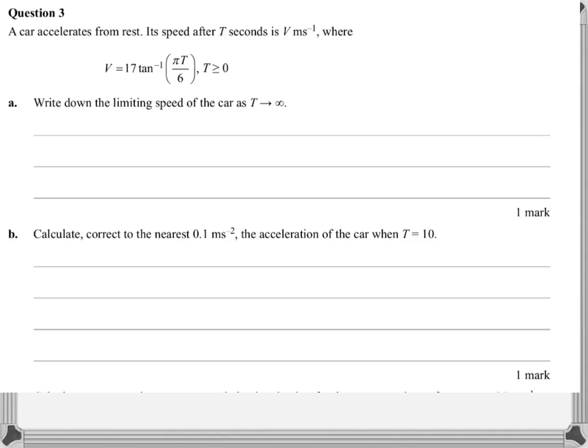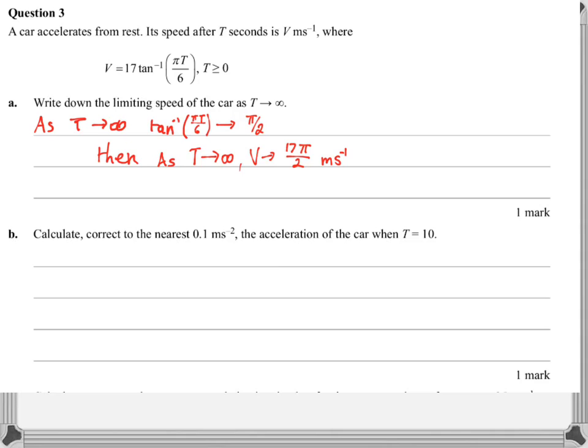Look on your formula sheet: inverse tan ranges up to pi on 2. So as t approaches infinity, inverse tan approaches pi on 2. Then v approaches 17 multiplied by pi on 2, so 17 pi on 2 meters per second. There we go.